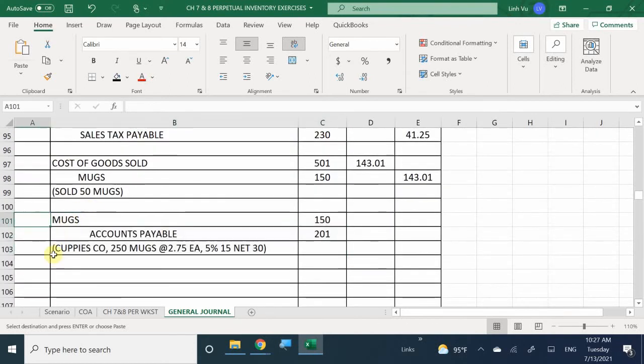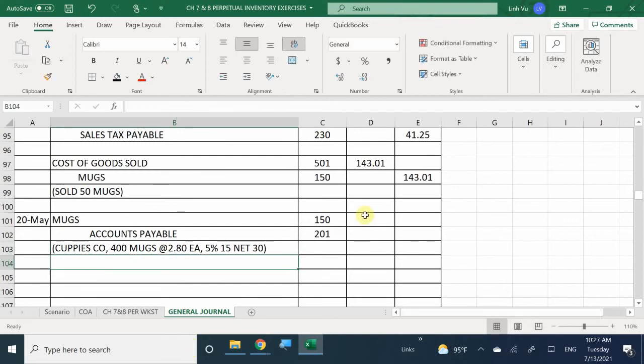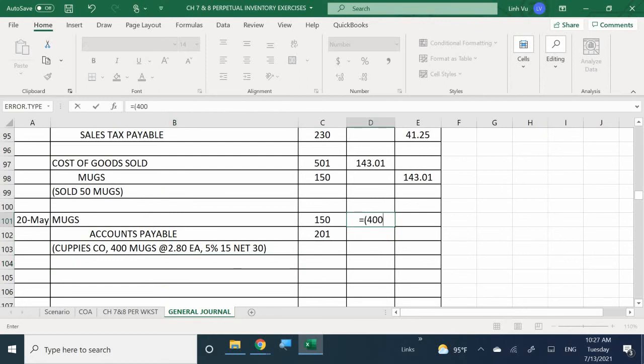Okay, it is May 20th. All right, we purchased a total of 400 mugs at $2.80, with the freight costing $80. So 400 times 2.80 is $1,120, plus 80.